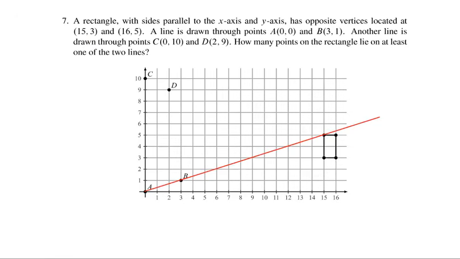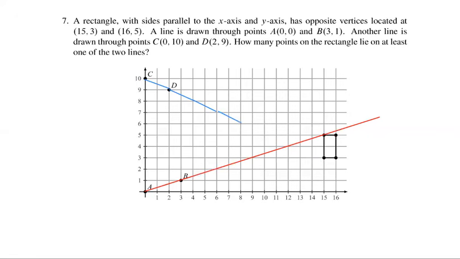That's one thing. If I do the same thing with the other line, it goes down 1 and to the right by 2. It will be something like this. As you see, we are not actually touching any points on that rectangle. So I'll take this as 1 point.